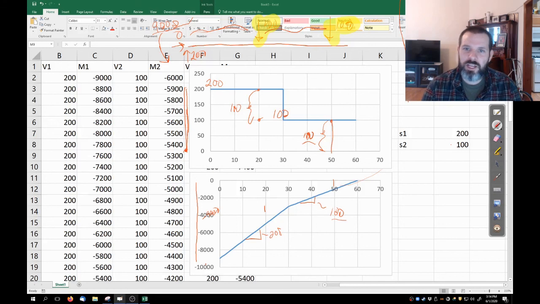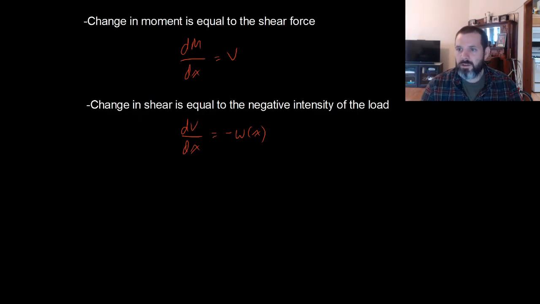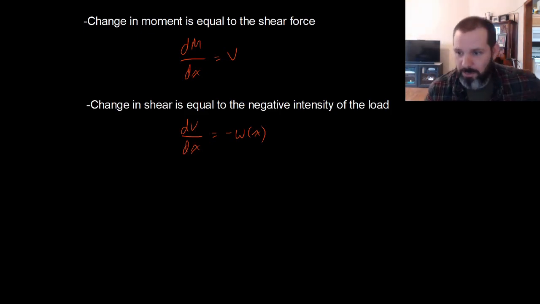If we look at the loading function being the derivative of the shear, the derivative of a constant is 0. So the derivative of the constant shear, in our case, was not a function, but it is 0.